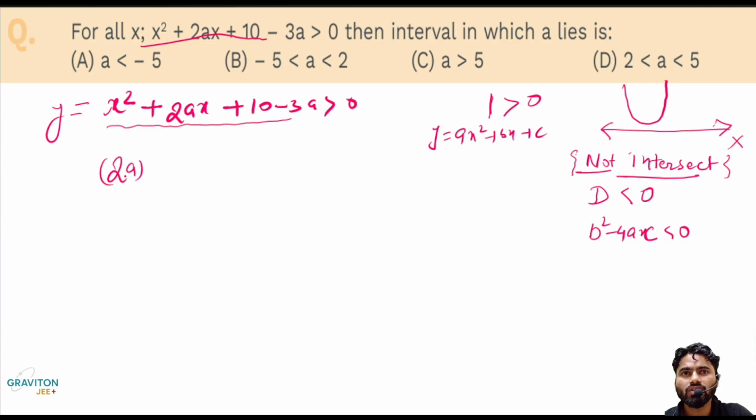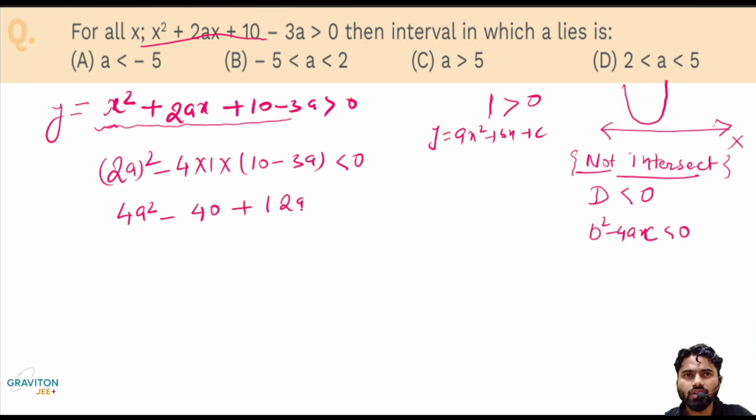So (2a) square minus 4 into 1 into (10 minus 3a) should be negative. Here the leading coefficient is already given positive. So calculate: 4a square minus 40 plus 12a less than 0.